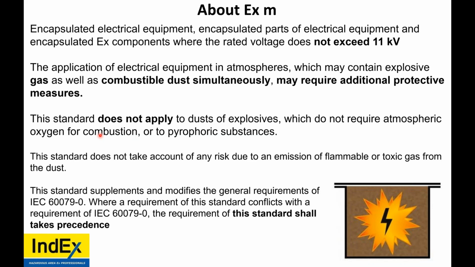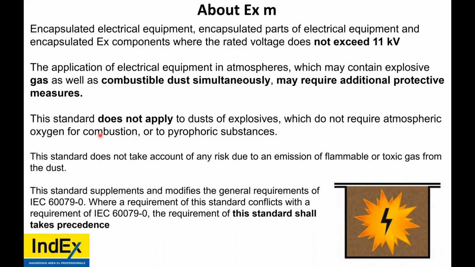The application of electrical equipment in hazardous atmospheres, which may contain explosive gas or combustible dust, or simultaneously, may require additional protection measures. This standard does not apply to dusts of explosives, which do not require atmospheric oxygen for combustion or pyrophoric substances.